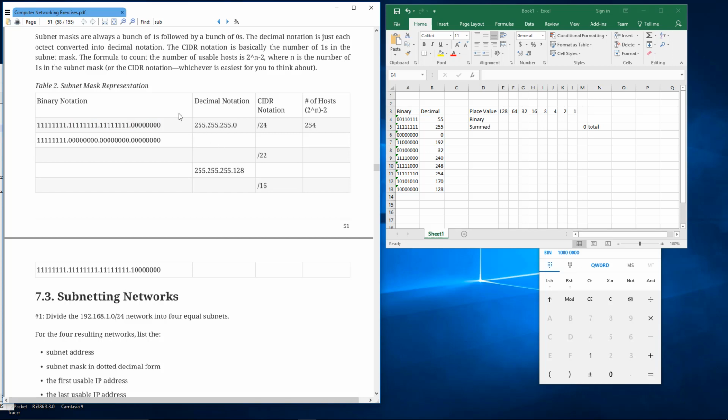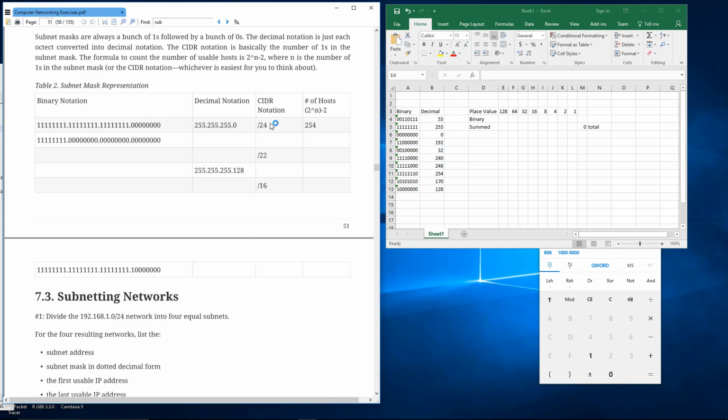So count up the number of ones, or if you're a super high-level mathematician, you could count them in one of the octets and multiply by 3. How many ones do we have here? Well, we have 24 ones. Happens to match our CIDR notation.